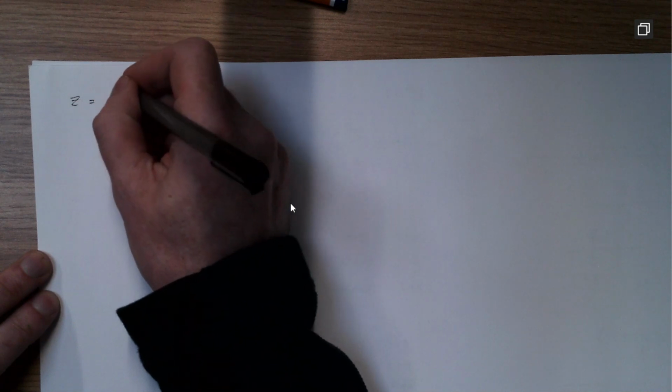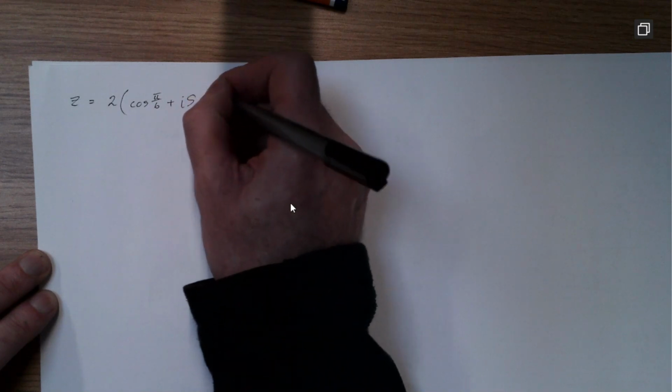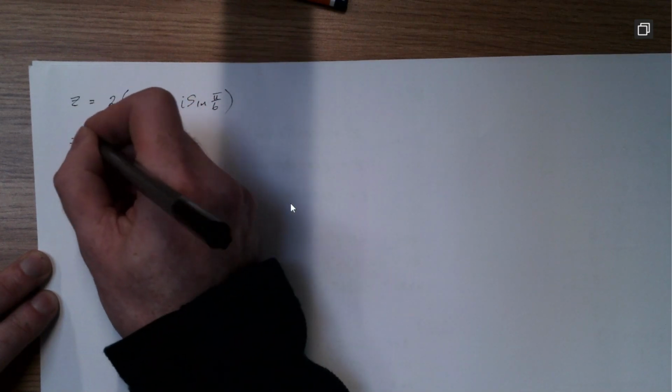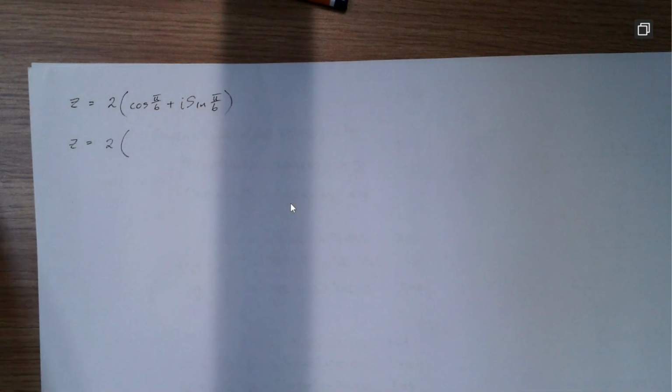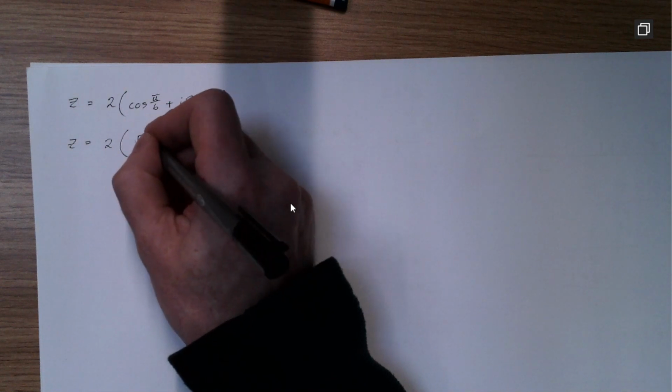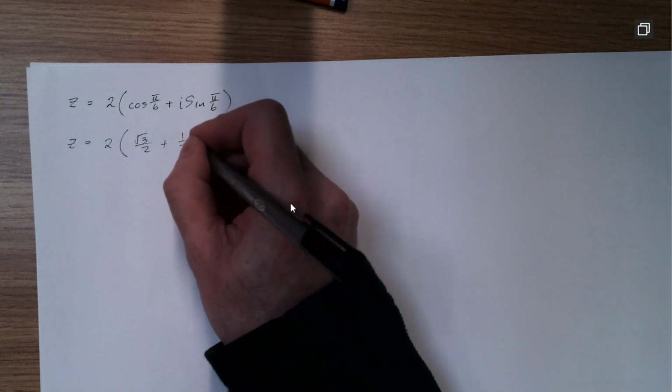Right. So z is 2 cos pi over 6 plus i sin pi over 6. So 2 bracket cos 30 degrees, which you can get from the calculator, or else cos pi over 6 in radians. cos 30 is square root 3 over 2, plus i sin 30. So 2 times square root 3 over 2 is square root 3, plus 2 times 1 over 2 i is i.